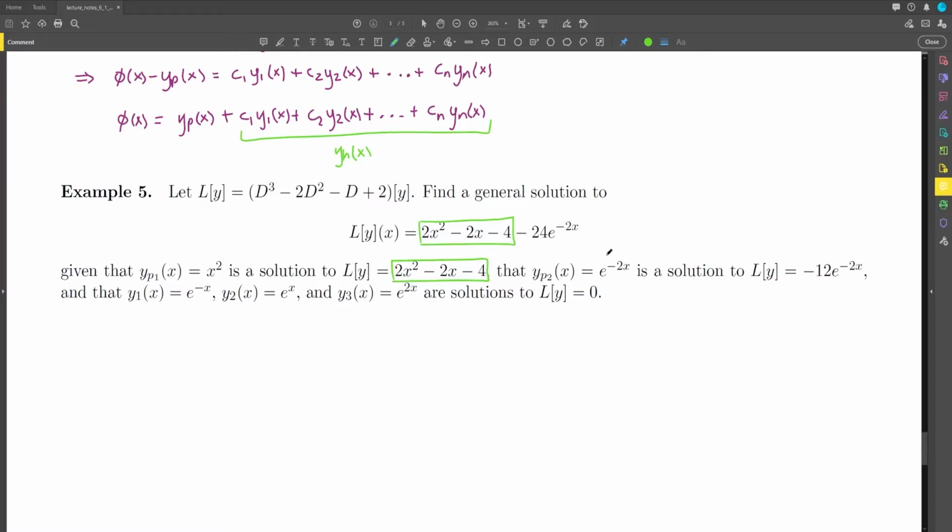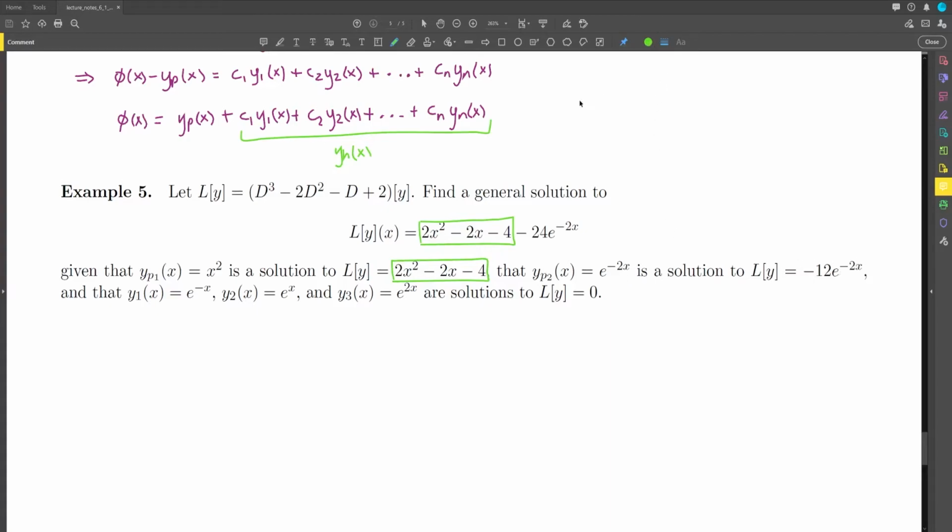On the other hand, we know that a particular solution, yp2, solves L of y equals negative 12 e to the power negative 2x.